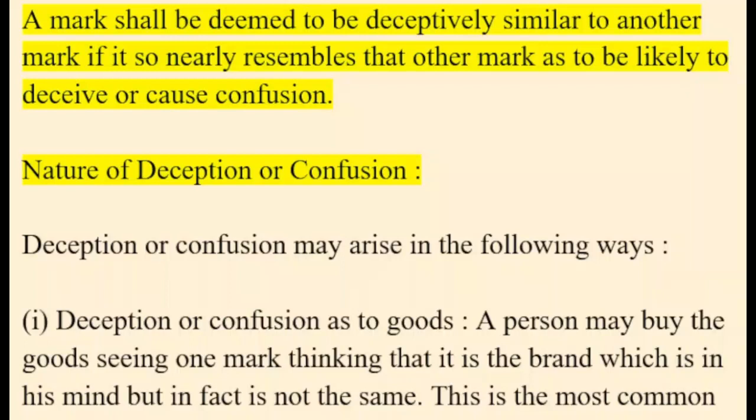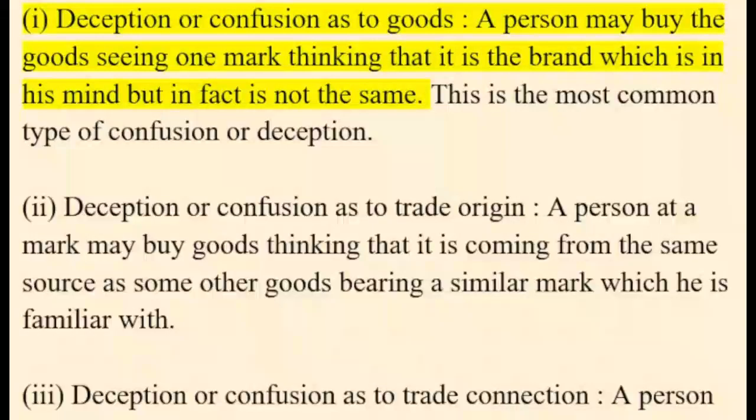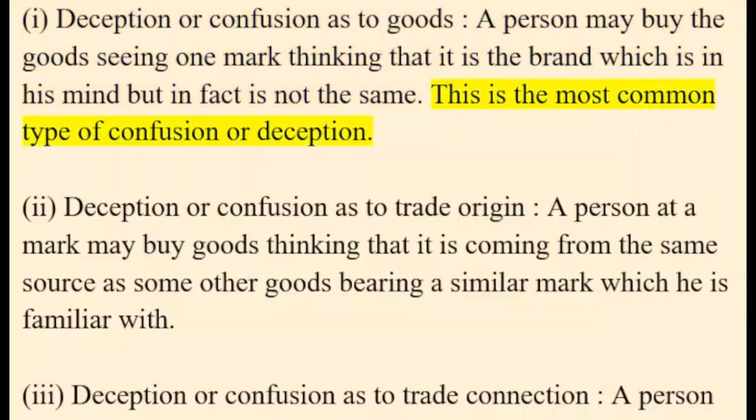Nature of deception or confusion. Deception or confusion may arise in the following ways. I. Deception or confusion as to goods. A person may buy the goods seeing one mark thinking that it is the brand which is in his mind but in fact is not the same. This is the most common type of confusion or deception. II. Deception or confusion as to trade origin.